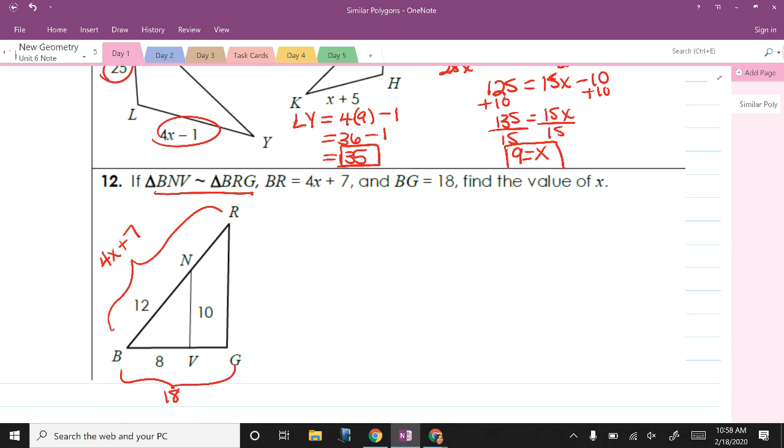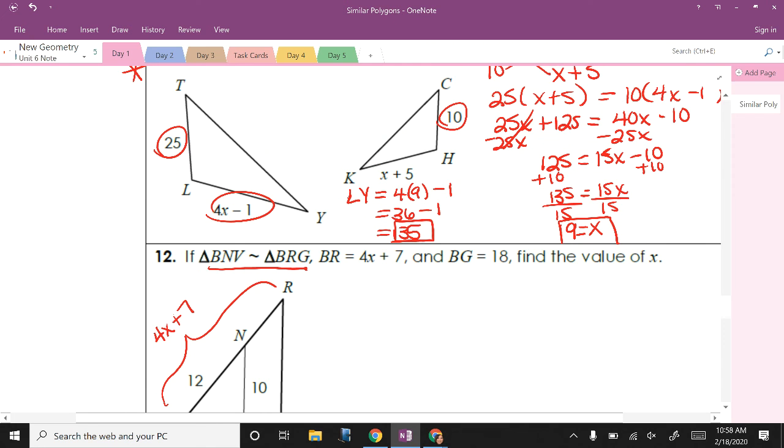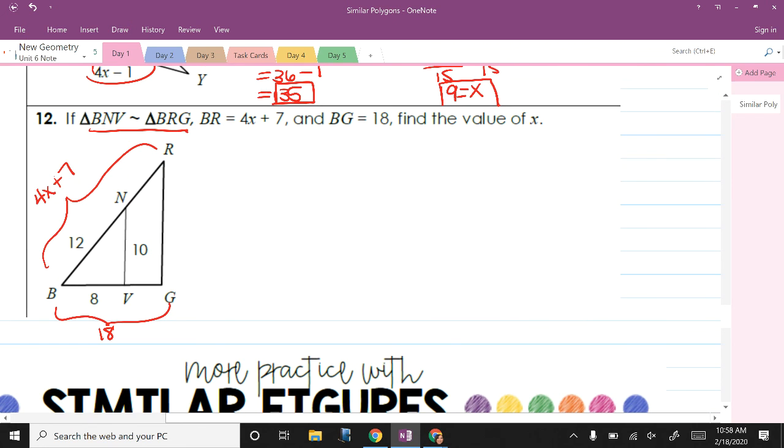Okay, so I got my little triangle and I got my big triangle. So I'm going to compare them like that, little and big. Little and big. My notes keep getting covered. So I'm going to do my little triangle stuff on the top and my big one on the bottom. Okay?